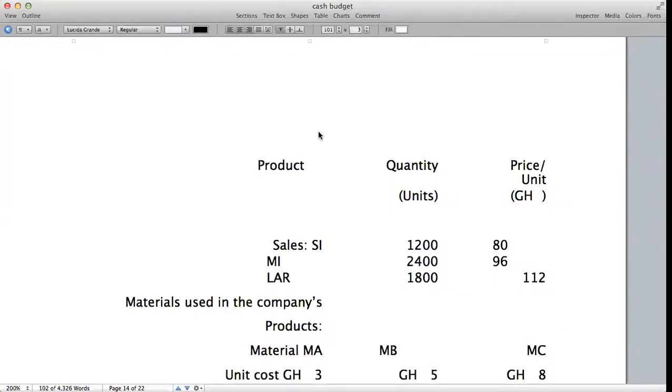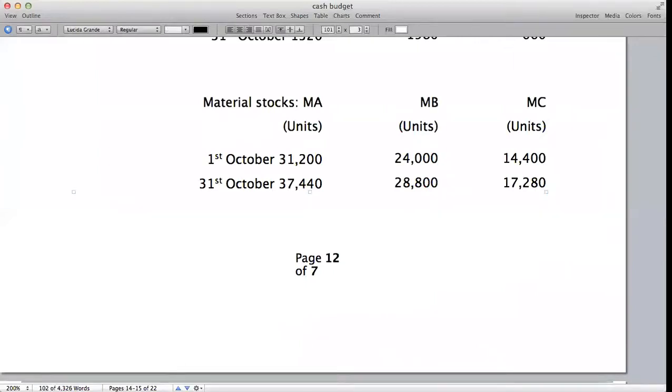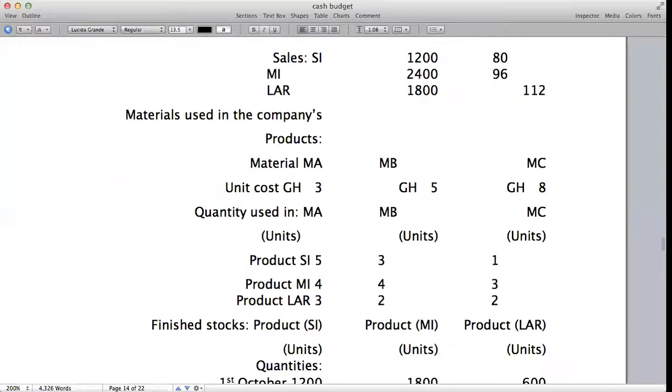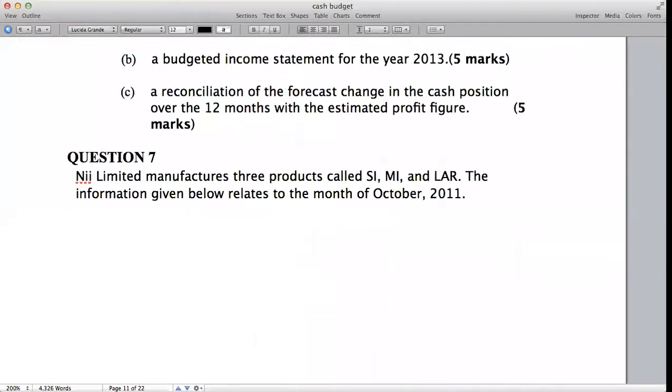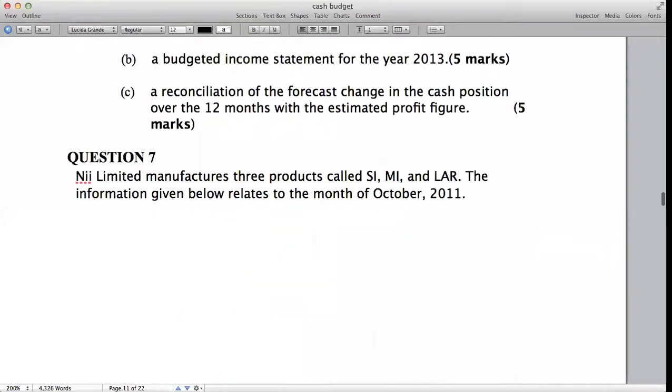Okay, so then we move on. We have the material usage. Okay, so the top is there. Yes, this is the top. NIL Limited manufactures 3 products called SI, MI, and LAR.